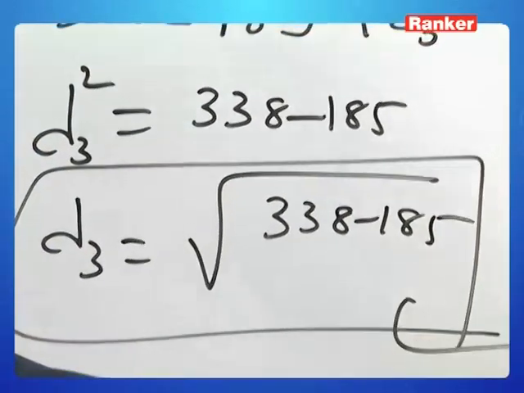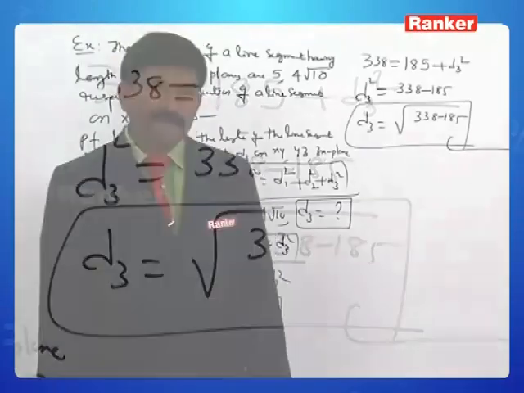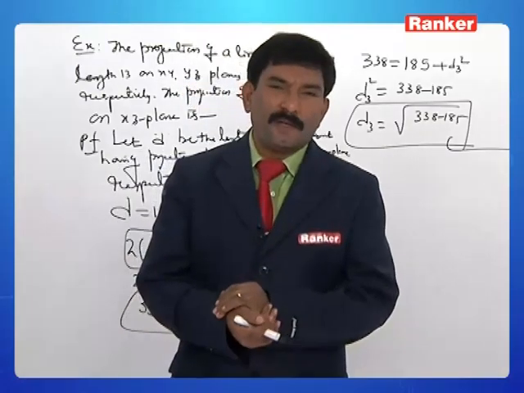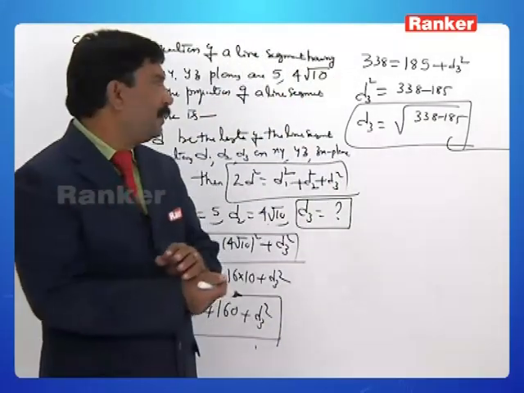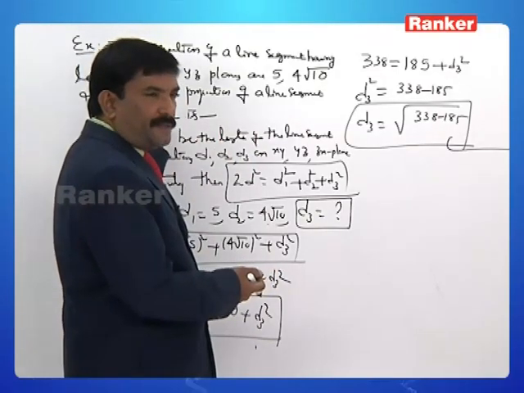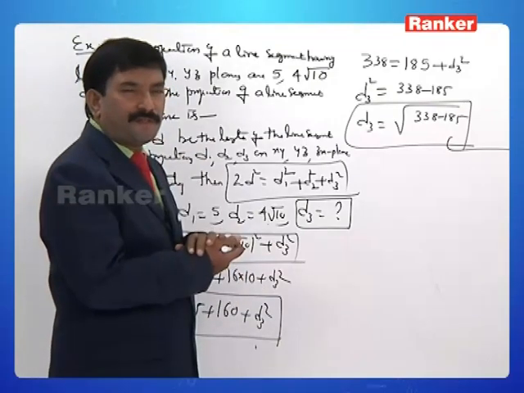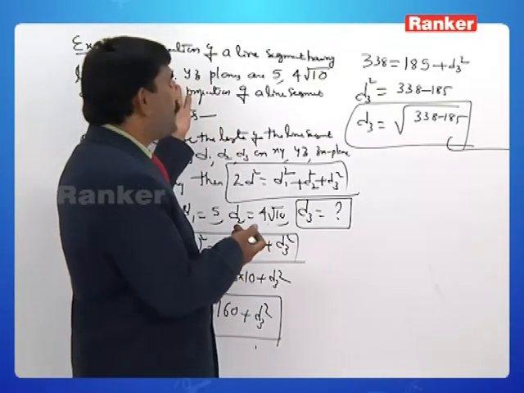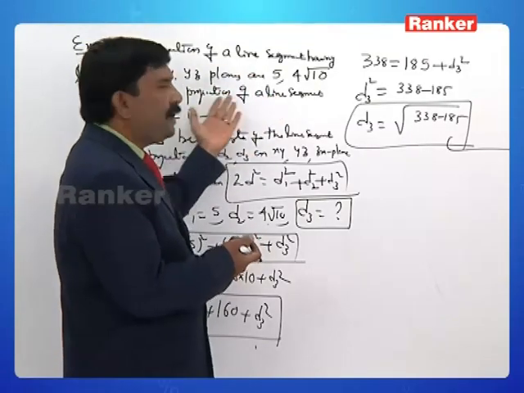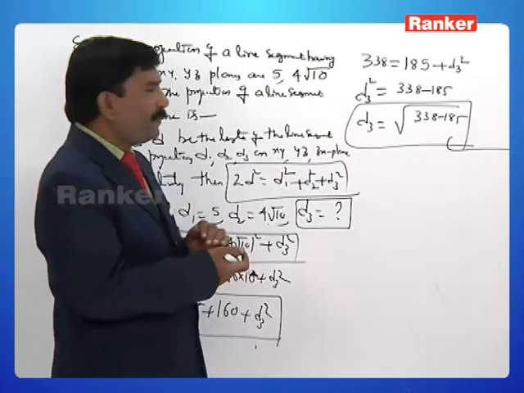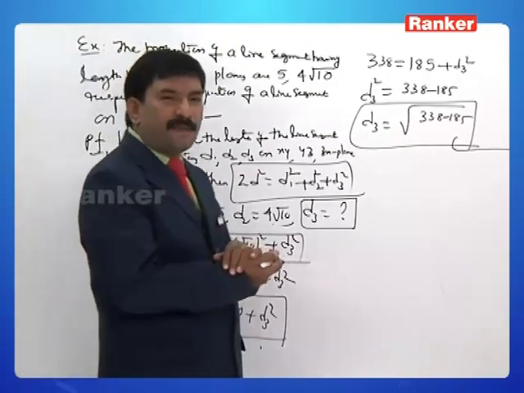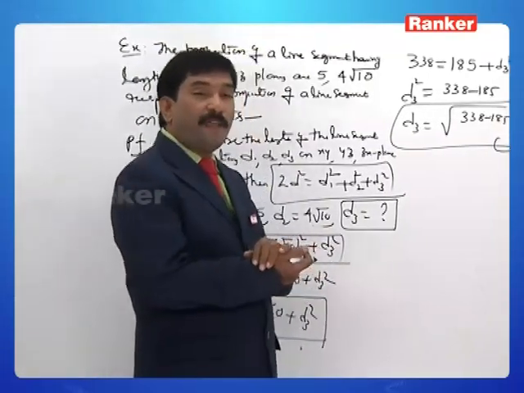That can be taken as the projection of a line segment having length 13, with projections on the xy plane as 5 and on the yz plane as 4 root 10. Now I want to find the projection of the line segment on the zx plane.